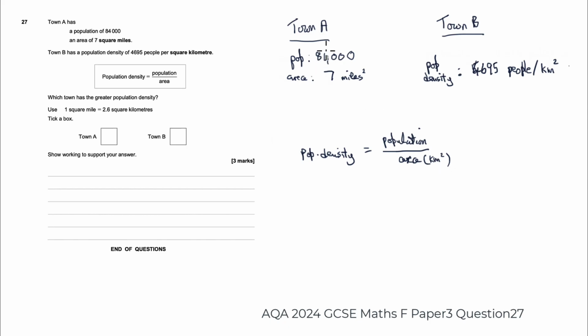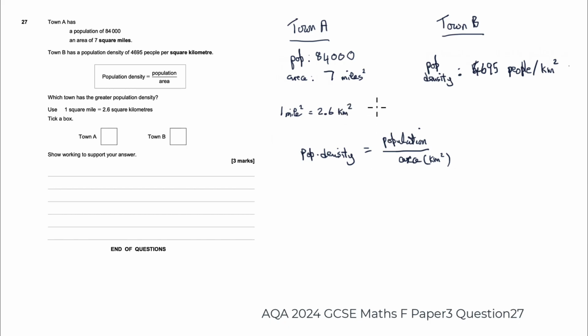So basically we have to look at town A and work out what the population density is. But there's a problem with this area, 7 square miles. We need to convert that so that it's in square kilometres. Now they do tell us the conversion that 1 square mile is equal to 2.6 square kilometres.